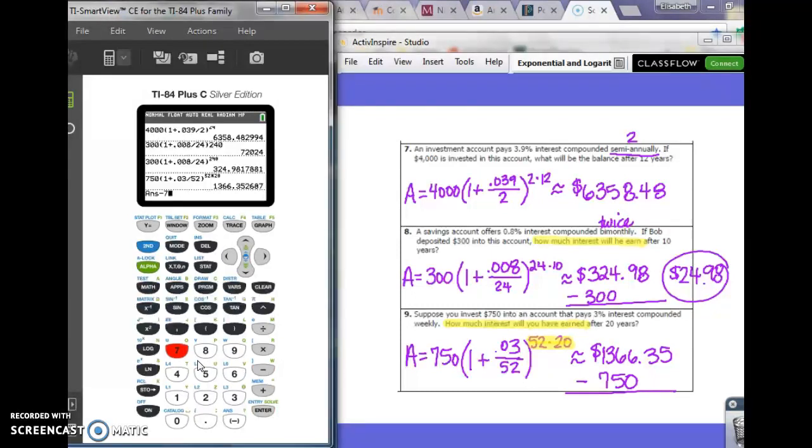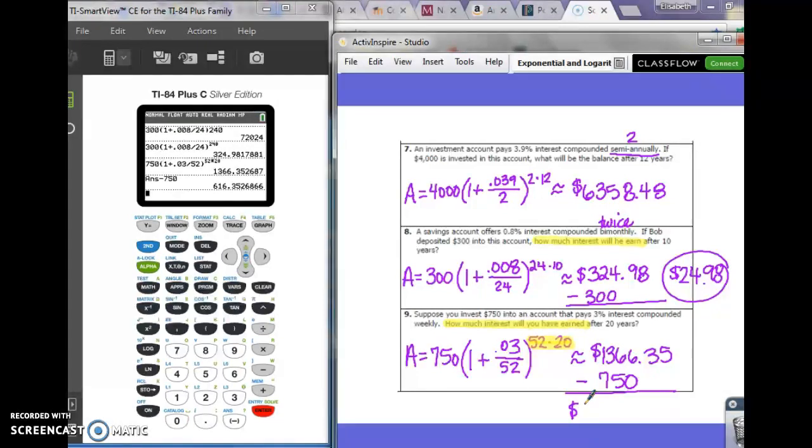So that last value minus what I put in originally, and that gives me an interest amount of $616.35. So just be careful as you're entering in these numbers into your calculator and make sure that you are actually answering the question that is being asked.